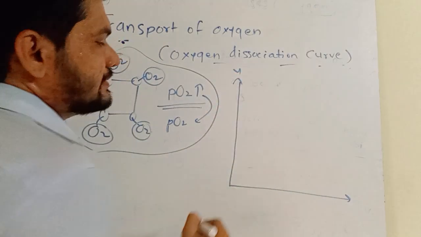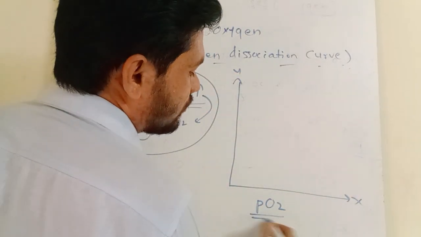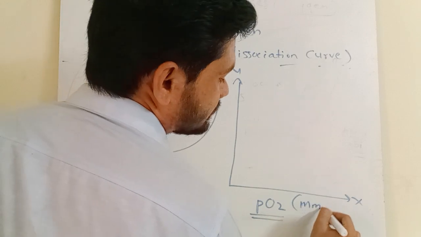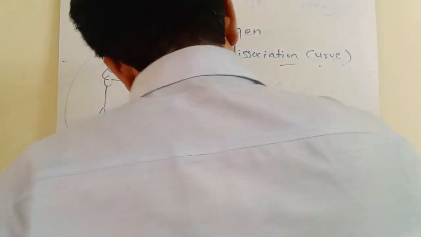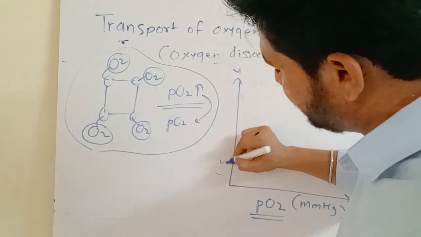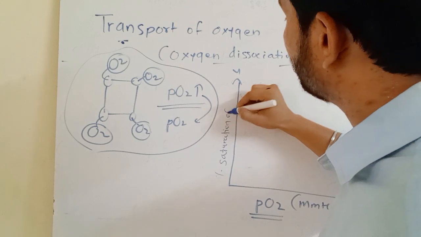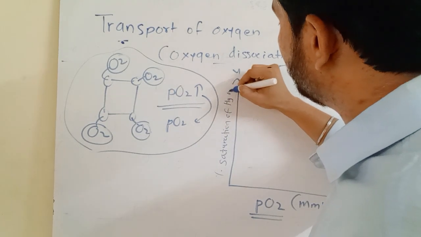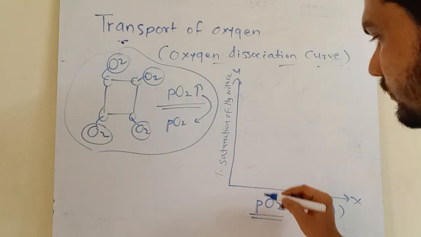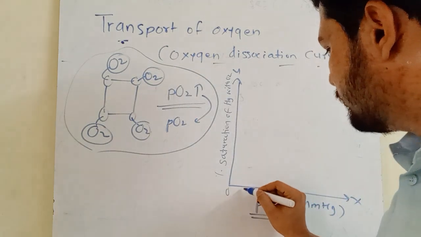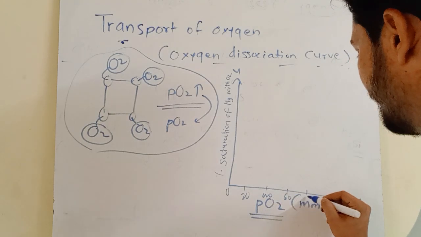On the x-axis we will be taking partial pressure of O2 in mmHg, and on the y-axis we are taking the percentage saturation of hemoglobin with O2. So suppose we will be plotting 0 to 20 to 40 to 60 to 80.